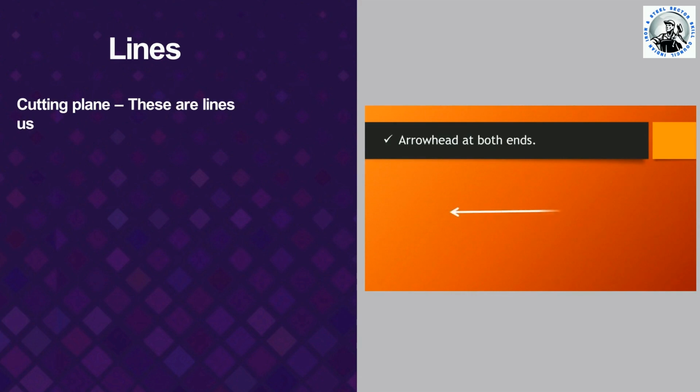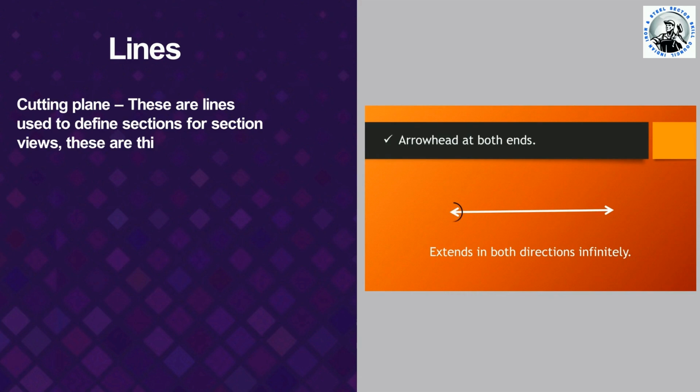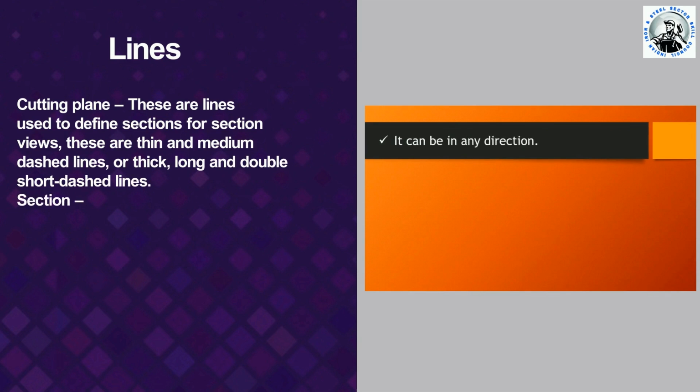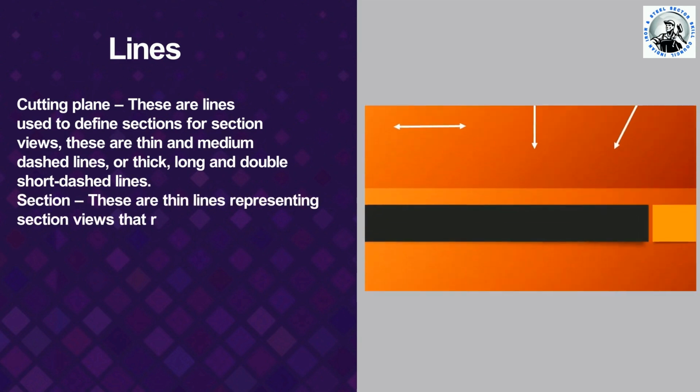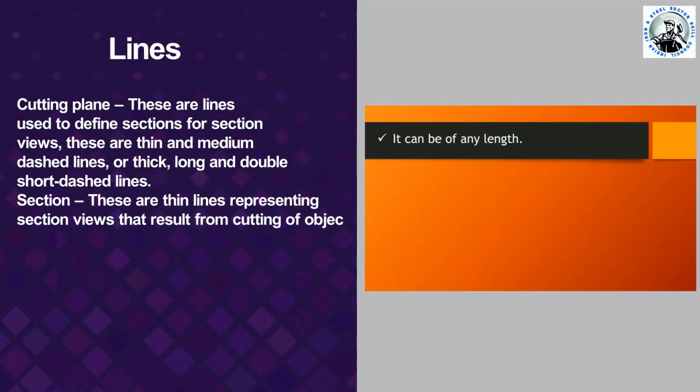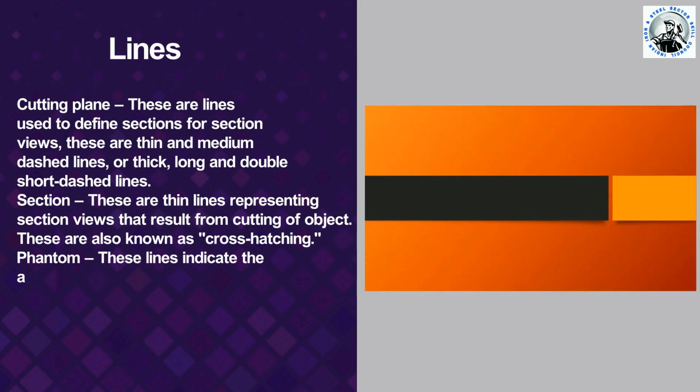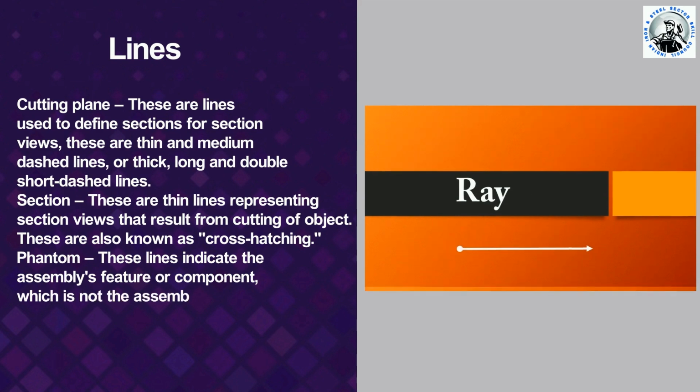Cutting plane. These lines are used to define sections for section view. These are thin and medium dashed lines or thick, long and double short dashed lines. Phantom. These lines indicate the assembly's features or components, which is not the assembly's described part.